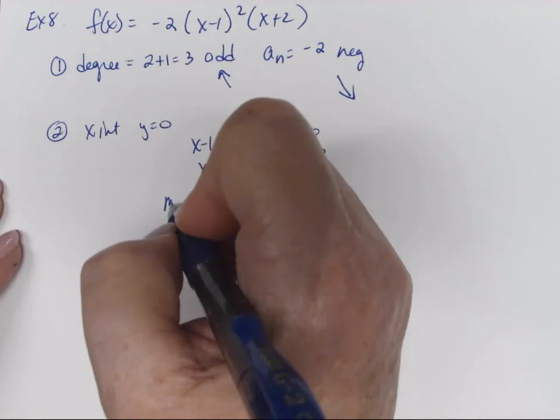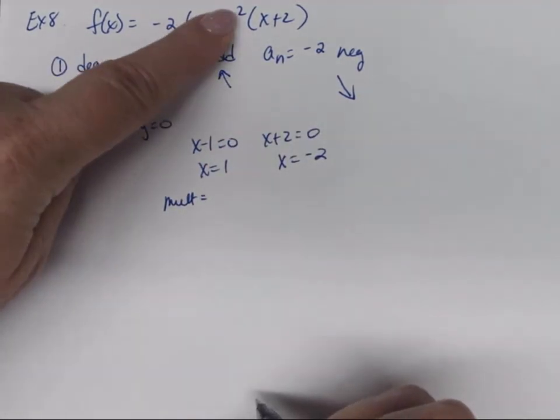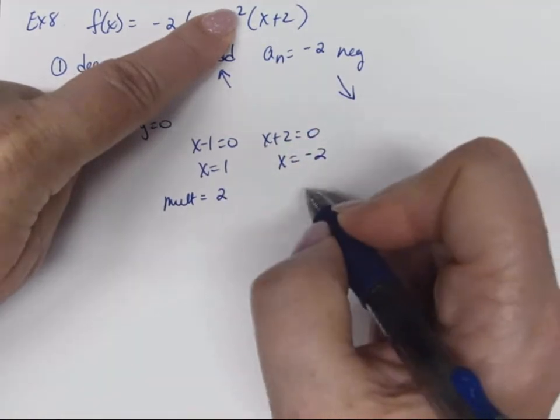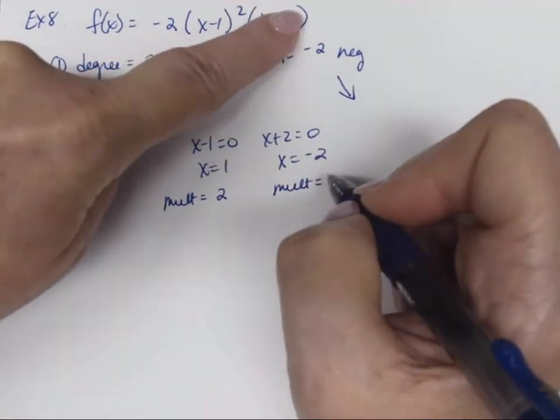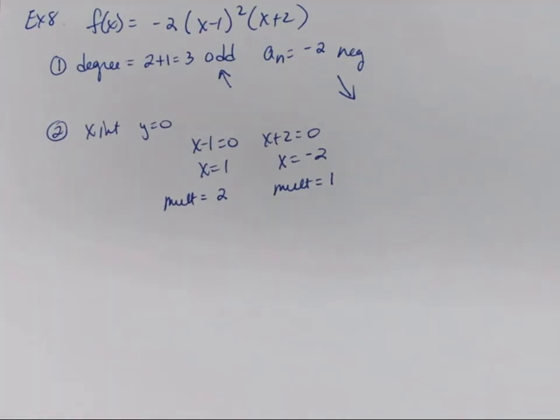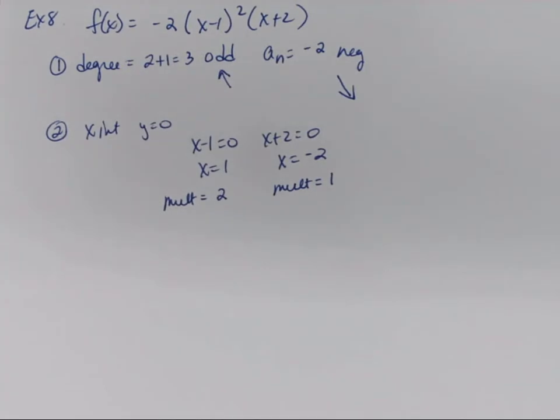And now we care what the multiplicity is. So for x minus 1, the multiplicity is 2, and for x plus 2, the multiplicity is 1. The multiplicity is just asking, how many times does this occur? Because of that 2, it would occur twice, because we could separate it out as x minus 1 times x minus 1.